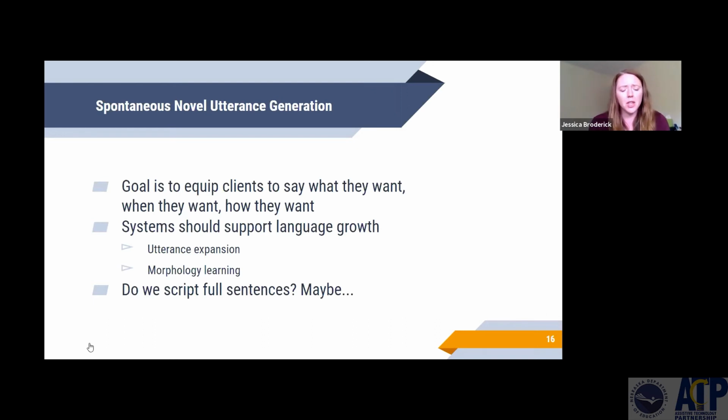And at the bottom there, I have a question: do we script full sentences? My answer is maybe, which is an answer I love to give, depending on the situation. I have worked with clients before who want one of their buttons to say something like, I need more time.